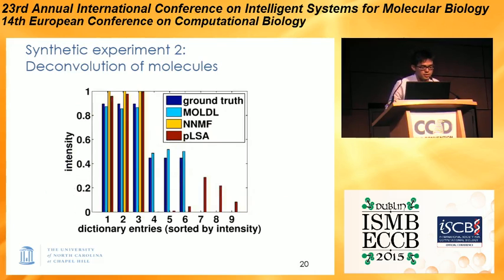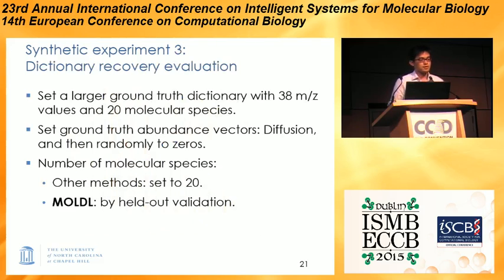Here is the entry by entry comparison of different methods. We can see our method can decompose all individual molecules, while other methods such as NNMF, non-negative matrix factorization, and PLSA, probabilistic latent semantic analysis, cannot decompose well in this experiment.